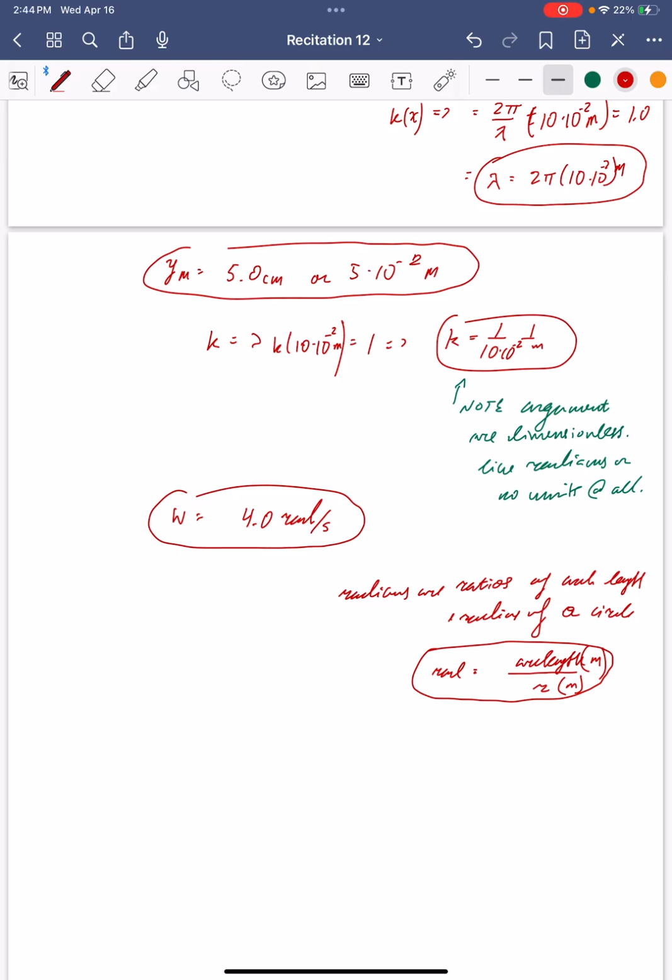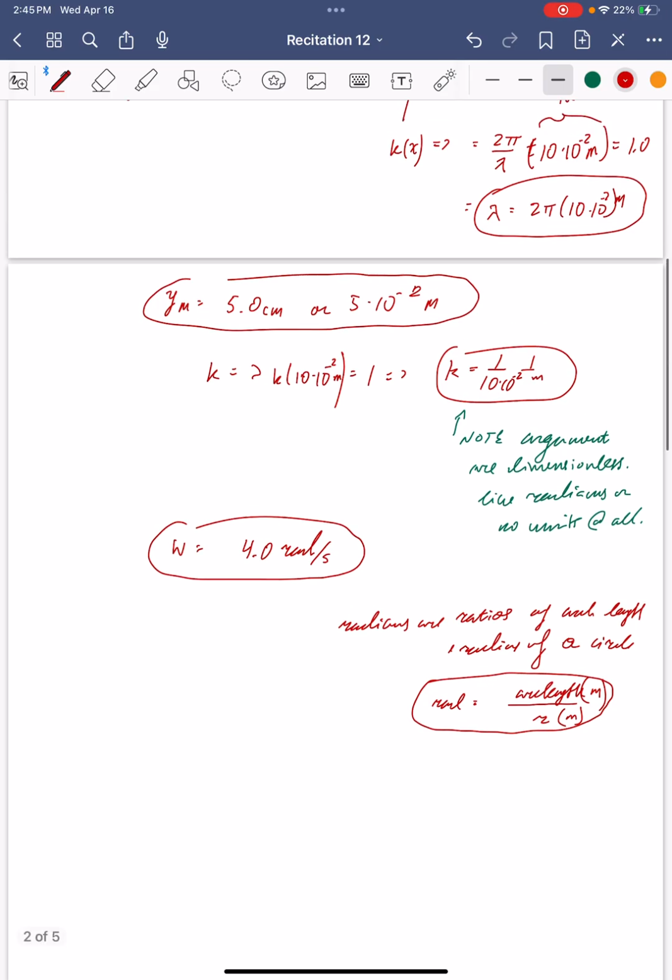As far as SI unit analysis, they can just be treated as one. But we say radians just to let us know that we're using this dimensionless quantity to measure the angle in our problem.